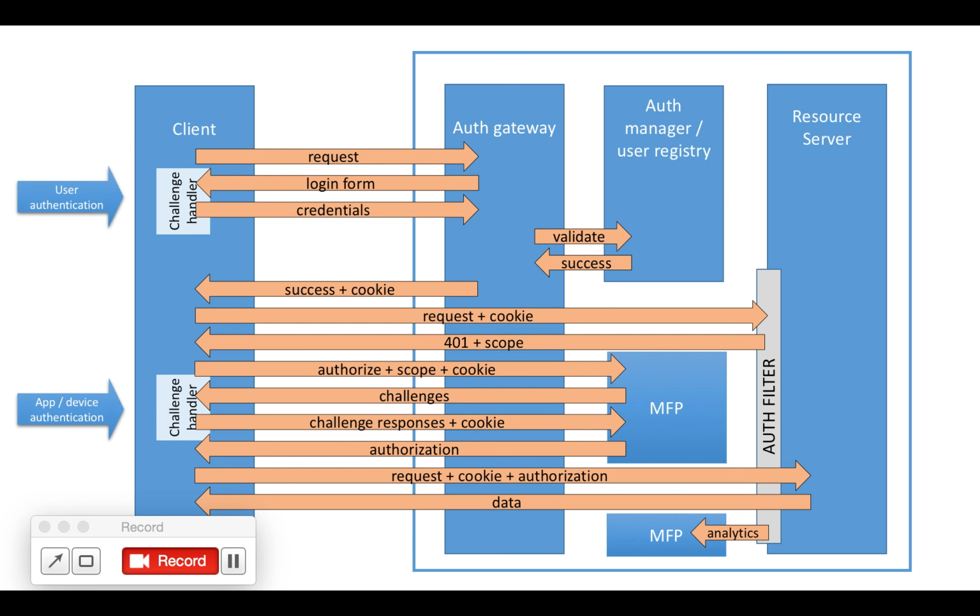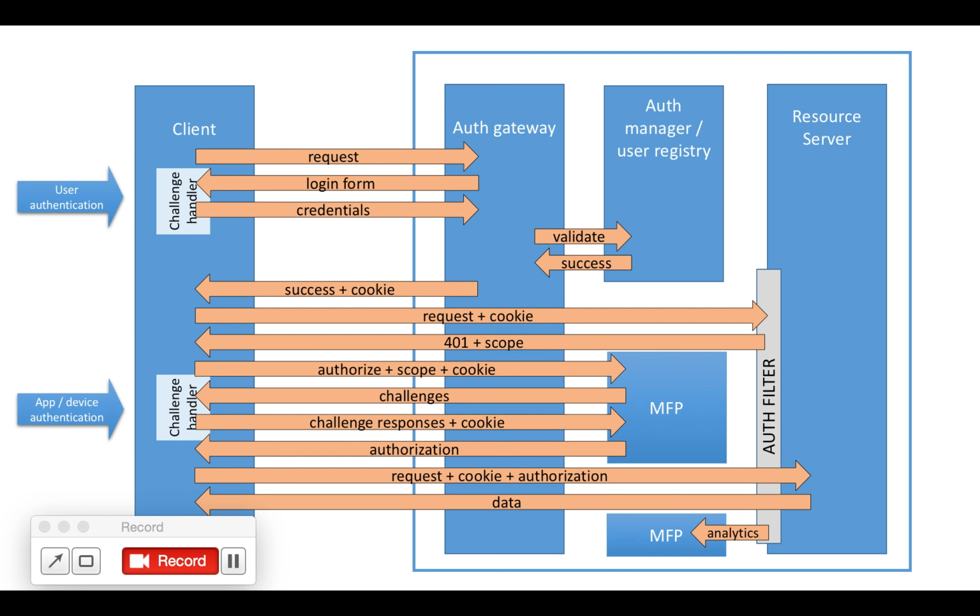So now that you start to communicate with MobileFirst Platform, it will know how to process your user authentication, similarly to what we've been talking about previously. But MobileFirst Platform will also require your application and device to authenticate. In case your application and device authentication is transparent, and in most cases it is, a developer will not have to write a dedicated challenge handler, and the user will not actually see anything.